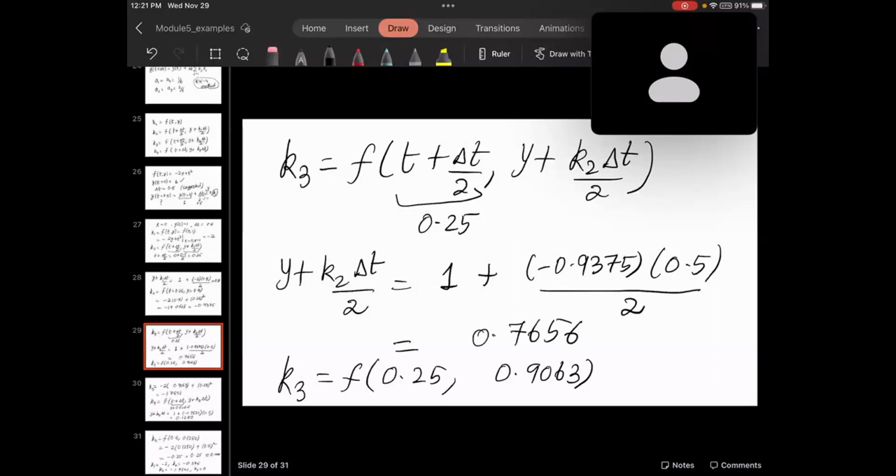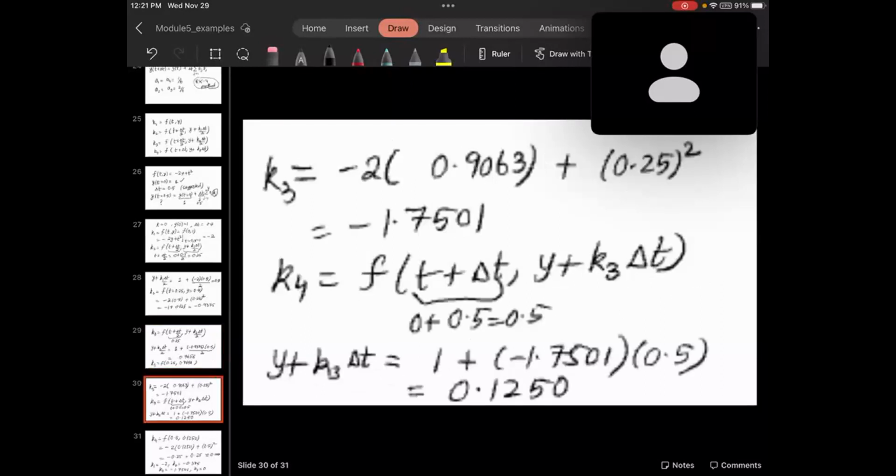So I have to evaluate the function at 0.7656. The thing about this whiteboard is I'm able to make corrections.